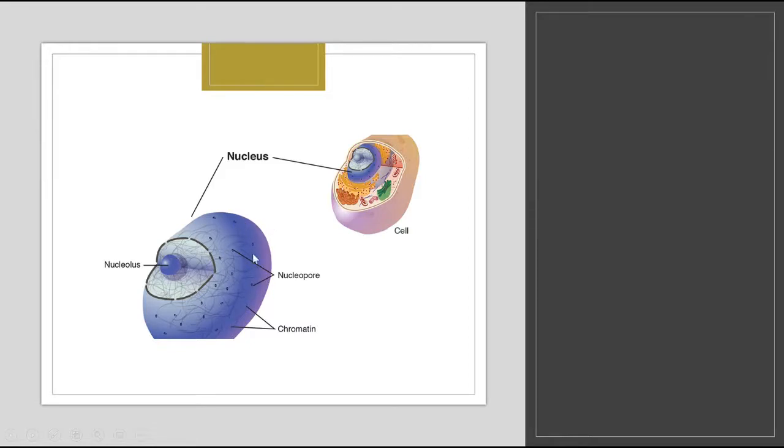We call it messenger RNA, and this messenger RNA then moves out of the nuclear membrane and goes to the cytoplasm, and then protein synthesis takes place within the cytoplasm. But the nucleus plays a very important role in the process of transcription, because it forms various RNAs like messenger RNA and transfer RNA within the nucleus.